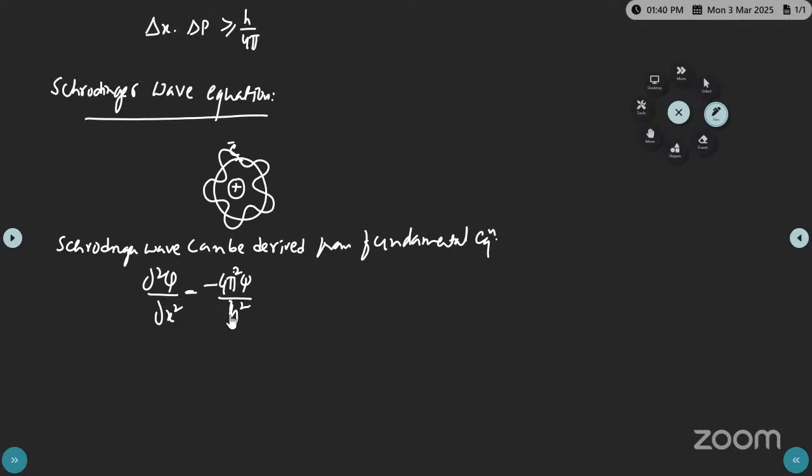Okay, so this is the fundamental equation to derive the Schrodinger wave equation.